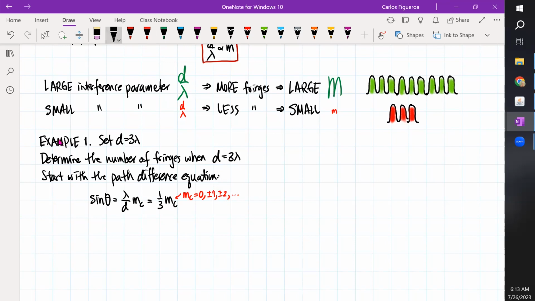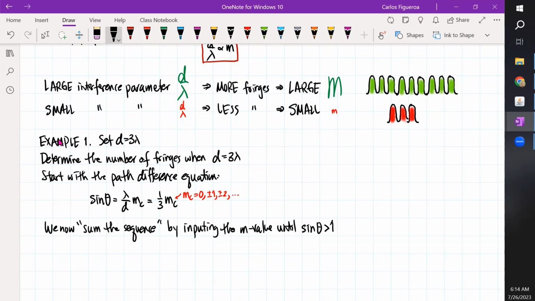So in other words, we now sum the sequence by inputting the m value until sine of theta is greater than 1.